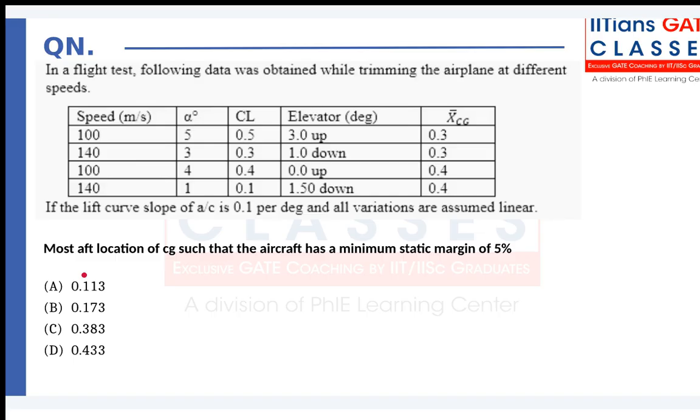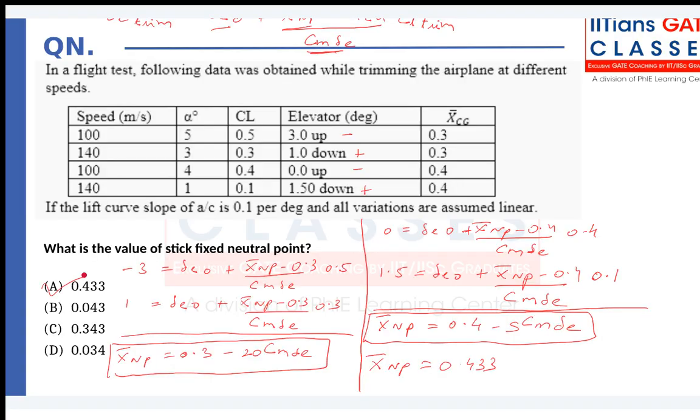Now they've asked you the most aft location of CG such that the stability margin is 5%. All right, now try to solve this.